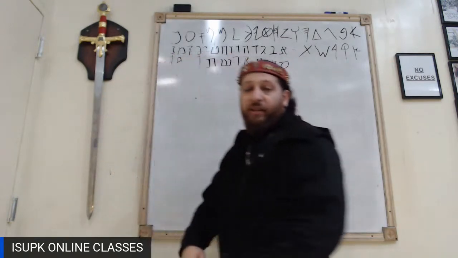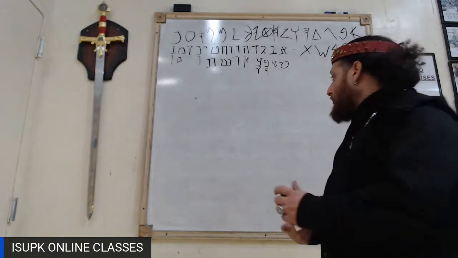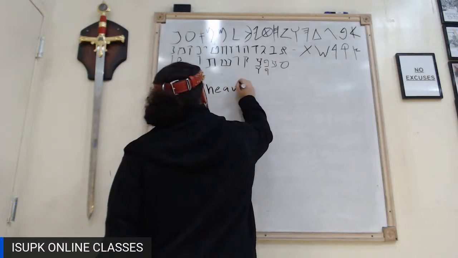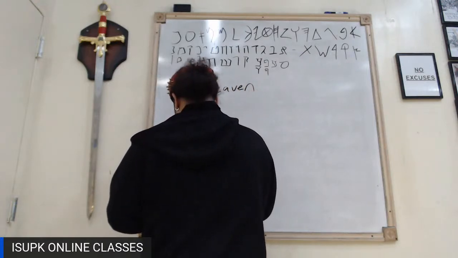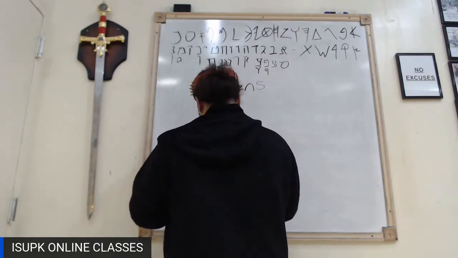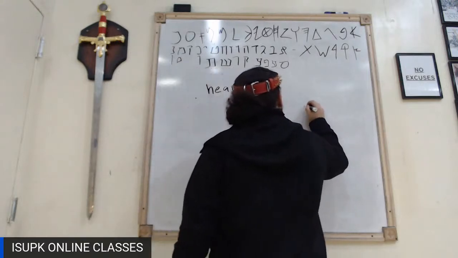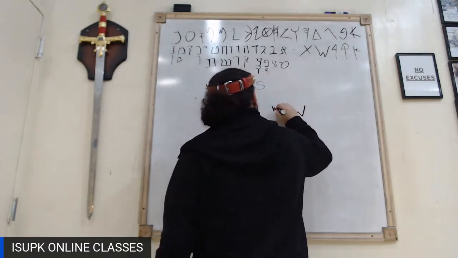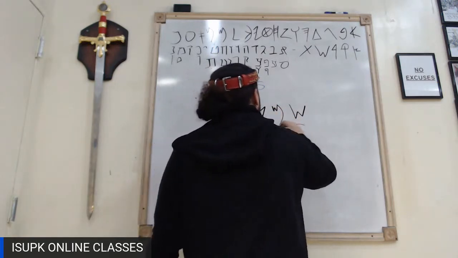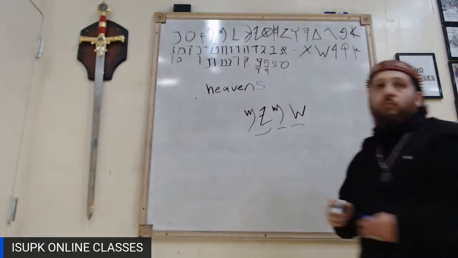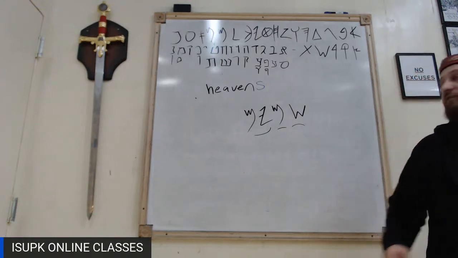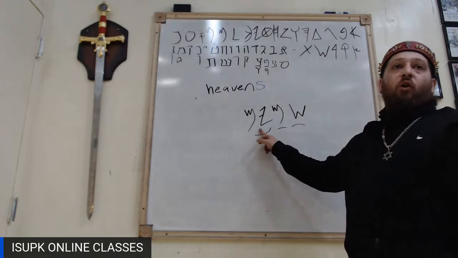I'm going to give you a couple more irregulars and then we'll get into basic words, all right? So for example, Shamayim is heavens or heaven. It's already plural.